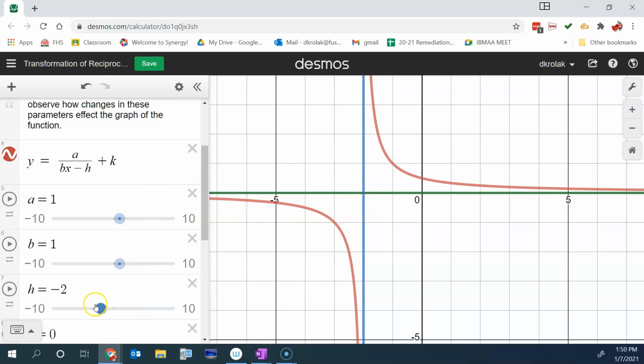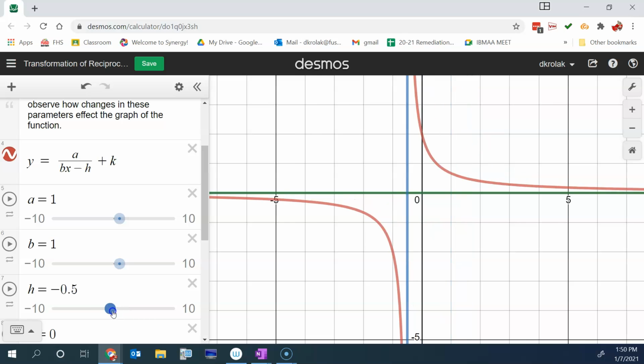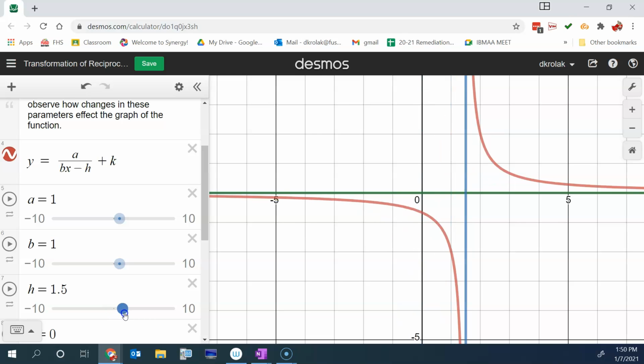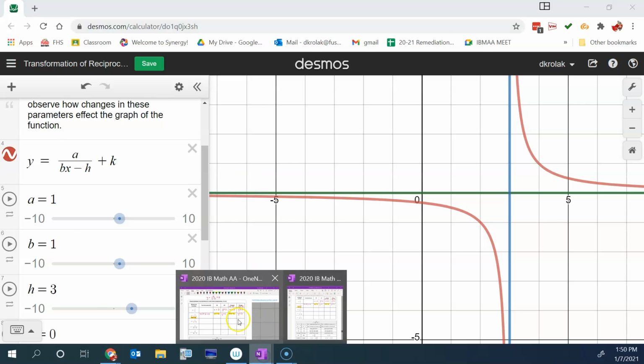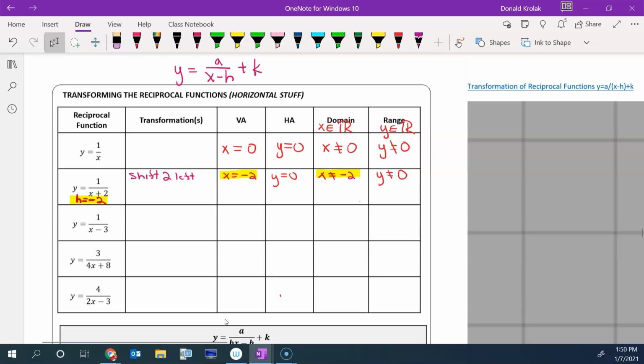So now if we switch this back to 0, and I make H a +3, when I put it into the equation, it's going to look like a -3 because the negative didn't change. So that's the whole reason behind Bizarro World. In this case, my H value is +3, so this is going to take the whole graph and shift it right 3.